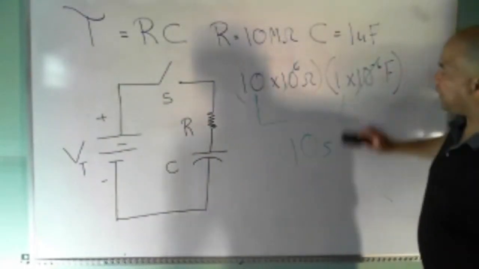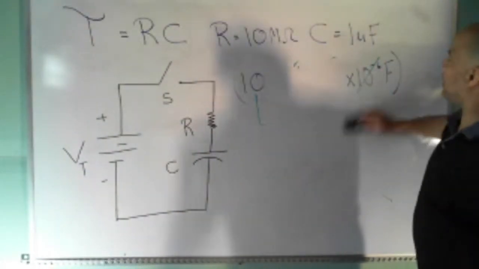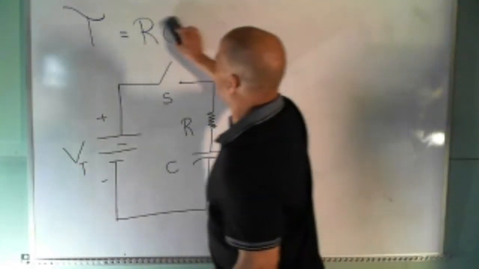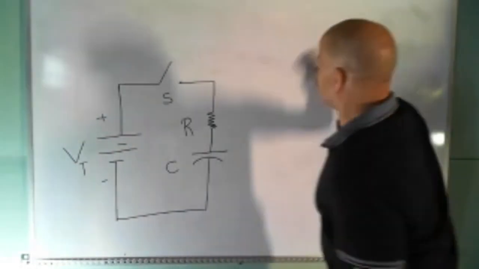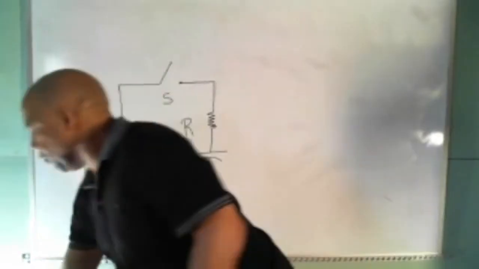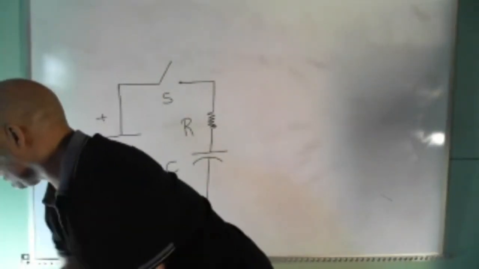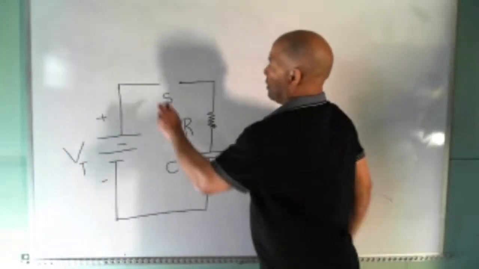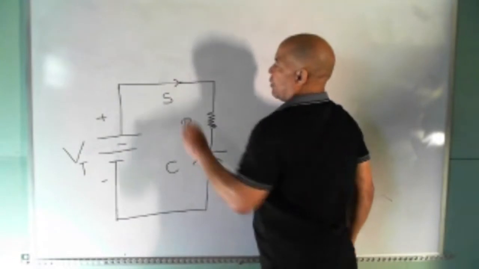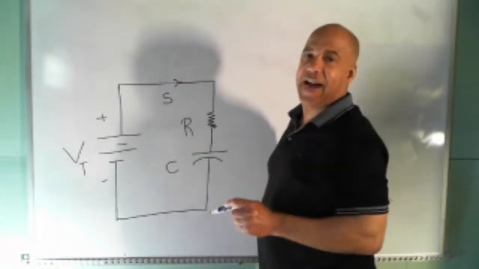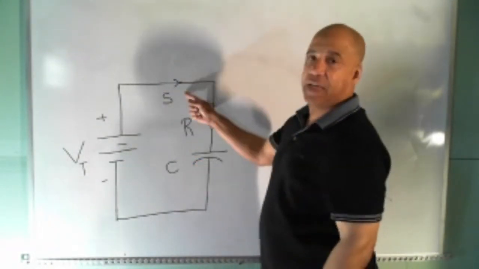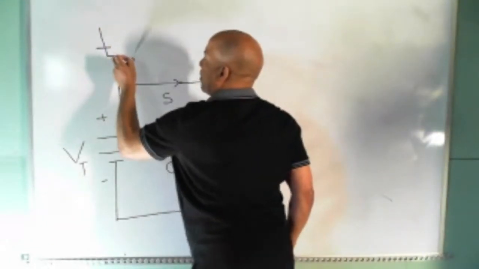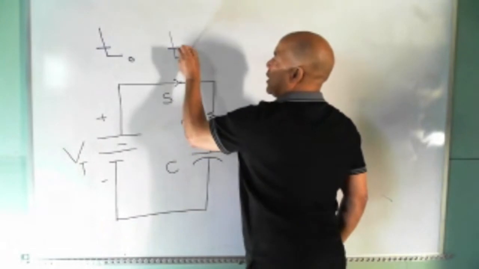So here's an RC circuit. I want to look at the behavior of this circuit when I close the switch. The instant I close the switch, we're going to define that time as either t sub 0 or t equals 0.